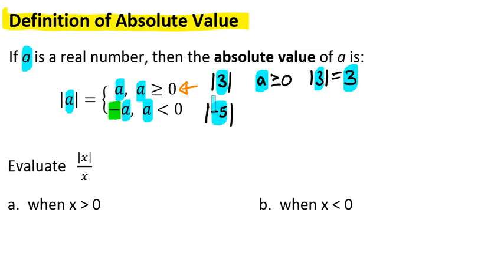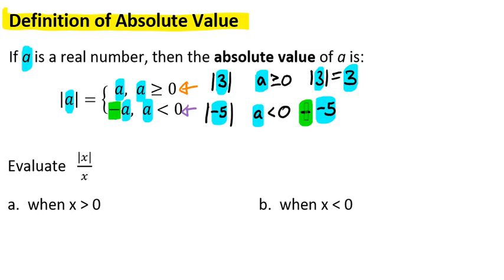Now what if we did something like the absolute value of negative 5? Here our a value fits the second thing, where a is less than 0. So we'll do the second set of directions, which means we take that a value, that negative 5, and put a negative sign out in front of it.